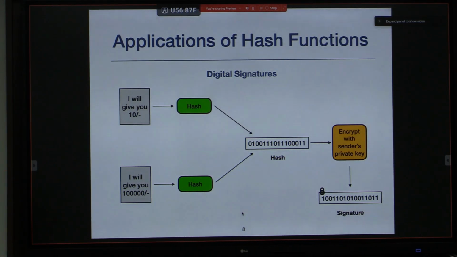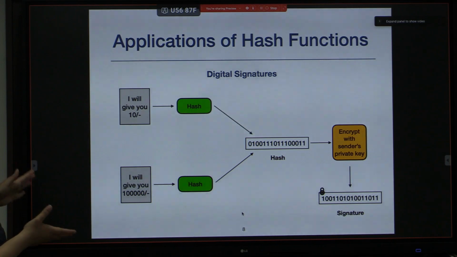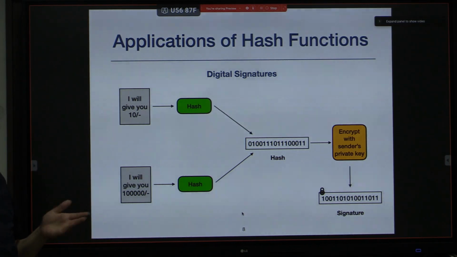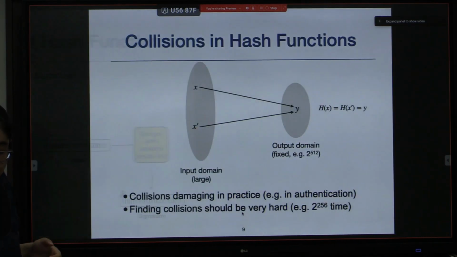But realize this: there could be another file, let's say "I will give you 1 lakh rupees", that also hashes to the same thing because you're just taking the first 16 bits. So you can easily find a collision in this hash function. That was a bad example of a hash function because more properties are required, and here I'm showing that the property of collision resistance is important for digital signatures.